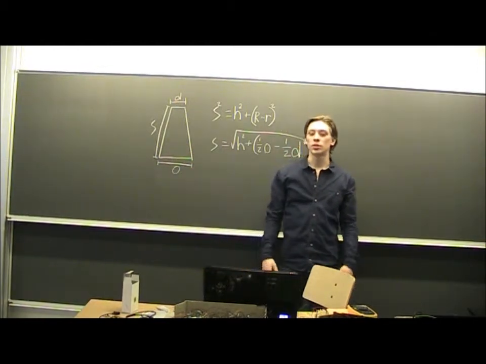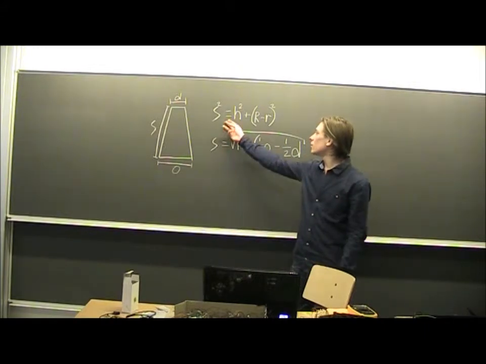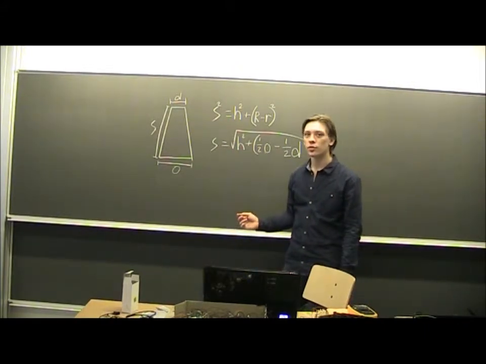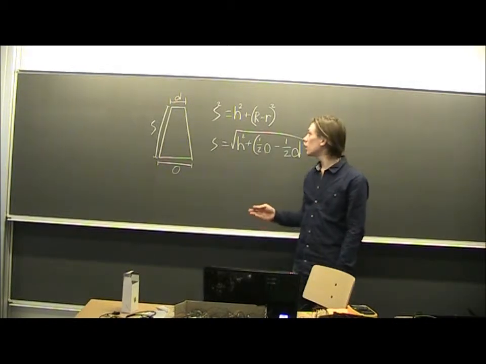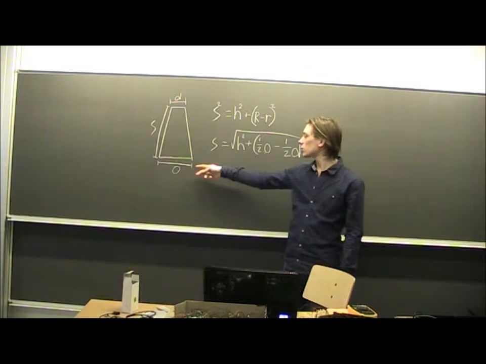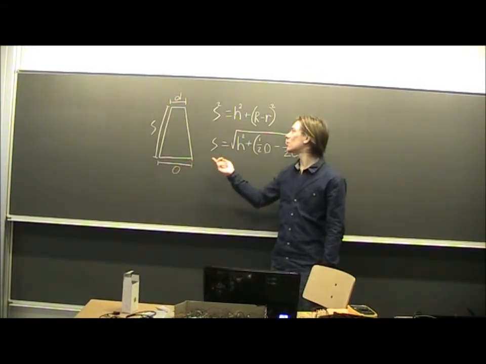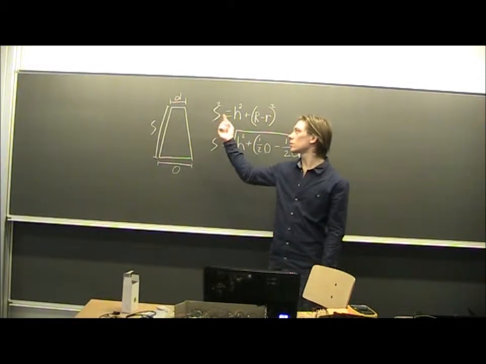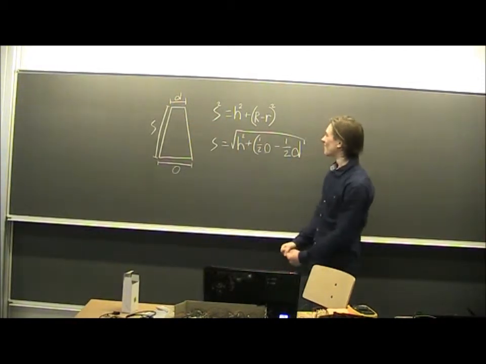First of all, we have to find S, which is called the side length, and this is the formula for the equation. S squared equals h squared plus the radius of the large end of the tower minus the radius of the top of the tower, all squared.